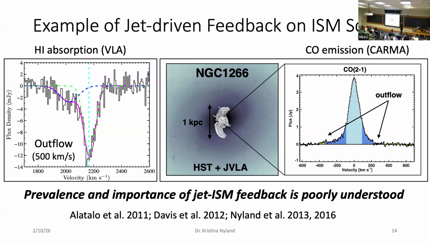But anyway, the cool thing about this source is that it was discovered to have this outflow first found in molecular gas. So this is a CO 2-1 profile from CARMA. It was discovered by Katie Alatalo, and she identified this excess emission in the wings here as being an outflow. It was then found to also have outflow components in atomic gas.